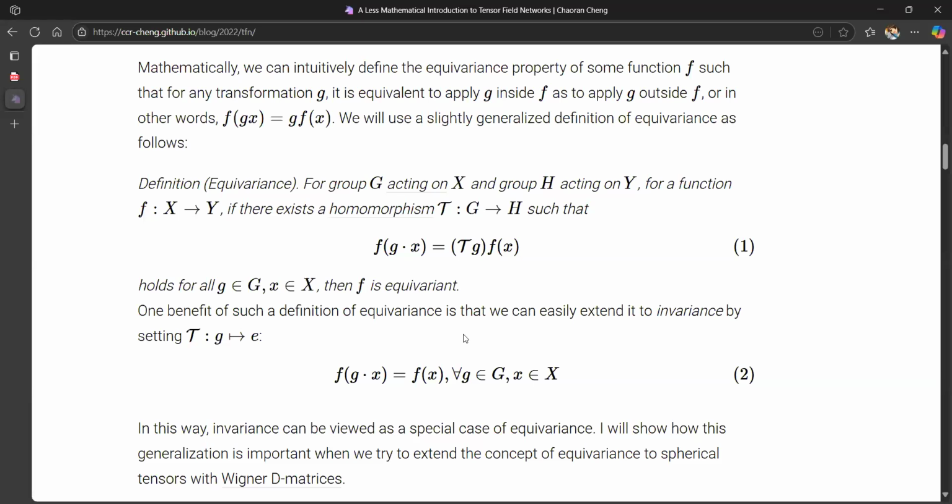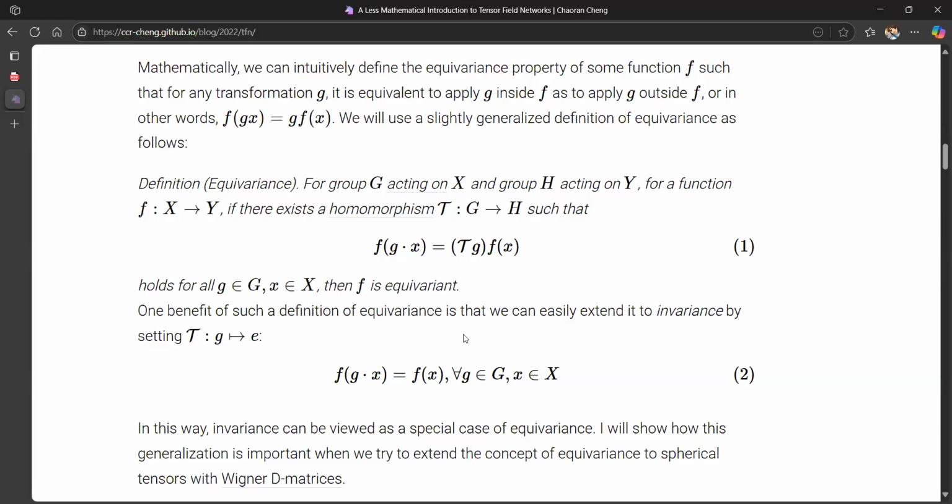So equivariance says that you can track the action of your group on the input space and on your feature space. So in other words, you can apply your transformation before you input your data into the neural network, or you can input your data into the neural network and apply some corresponding transformation there. And the output will be the same, right?